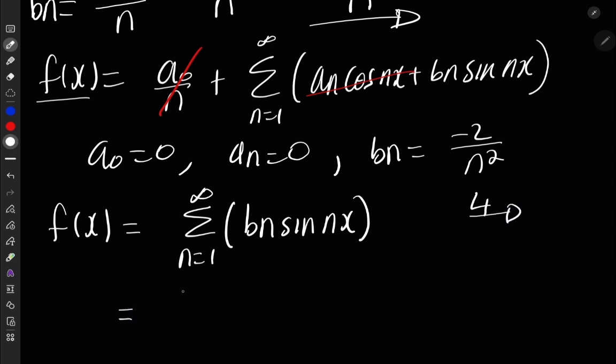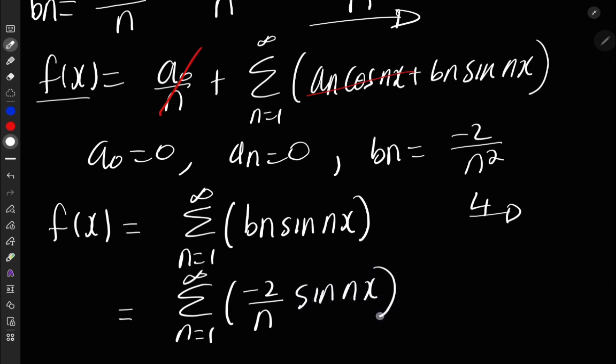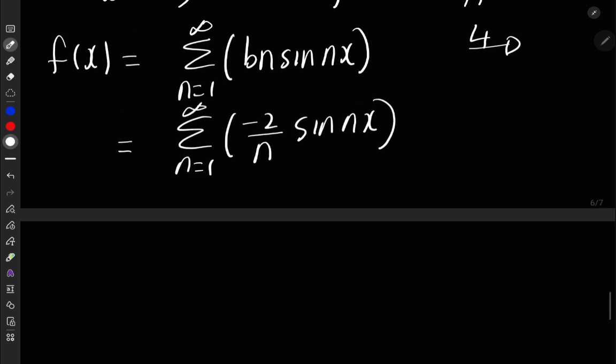So what you're going to do, you're going to substitute your bn first, which is minus 2 over n sine nx. Then we're going to start from n equals 1, 2, 3, and 4.